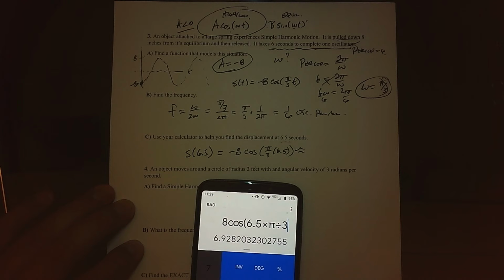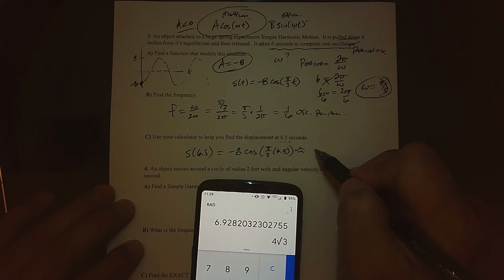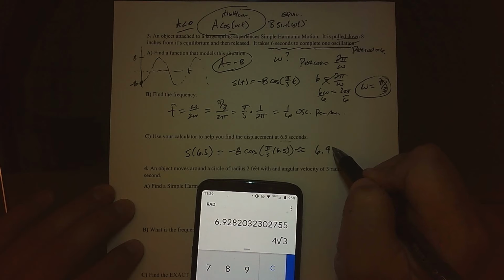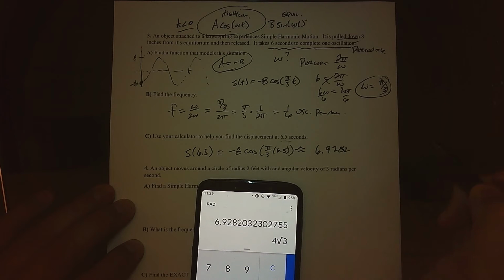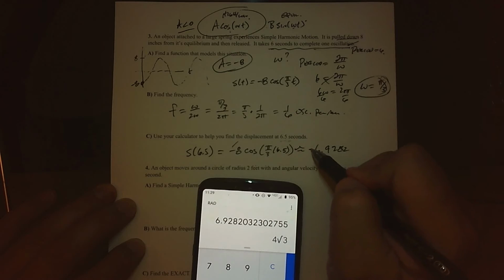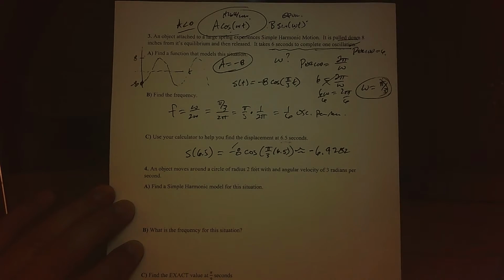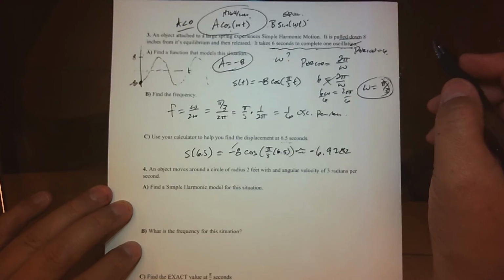Close my parentheses, hit my equal sign, and what we're getting is 6.9282. Of course that's negative, so negative 6.9282.